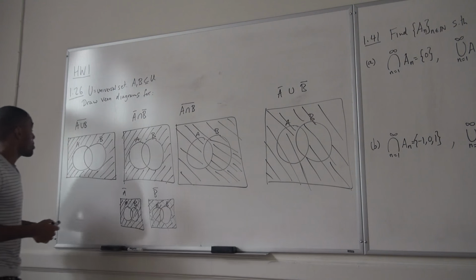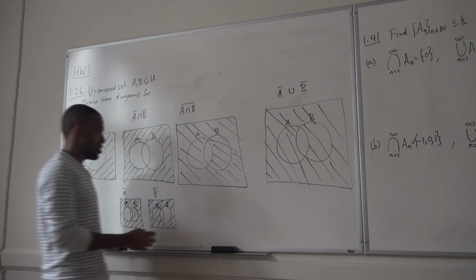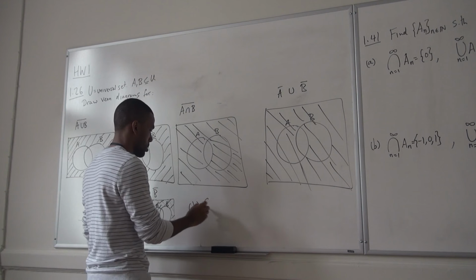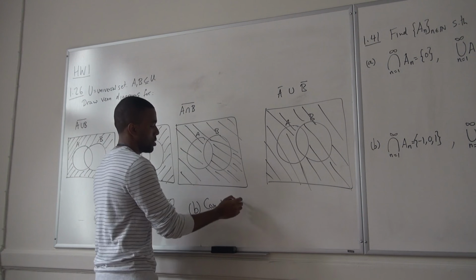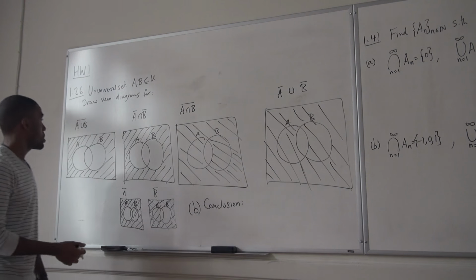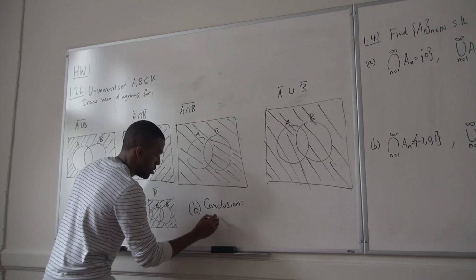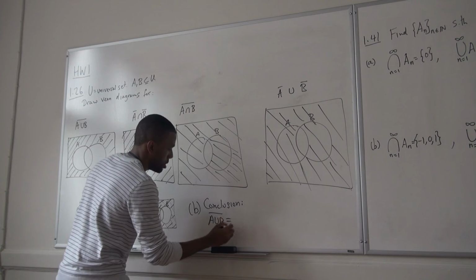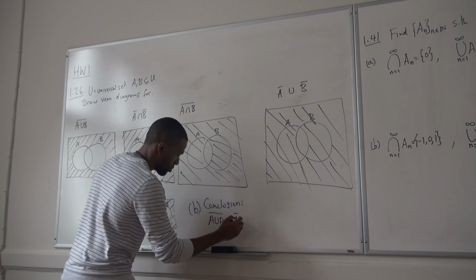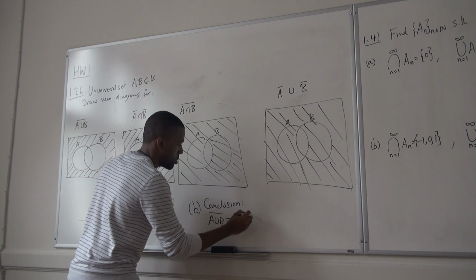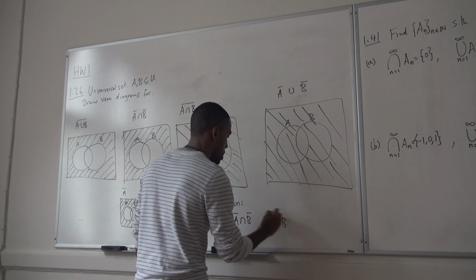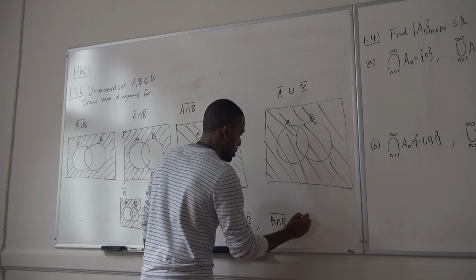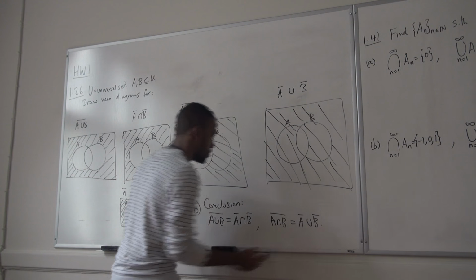And I believe there was a part B to this question, where it says, what can you conclude? Well, from the pictures, it would seem that the complement of A union B is actually the same as A complement intersect B complement, and the complement of A intersect B is the same as A complement union B complement.